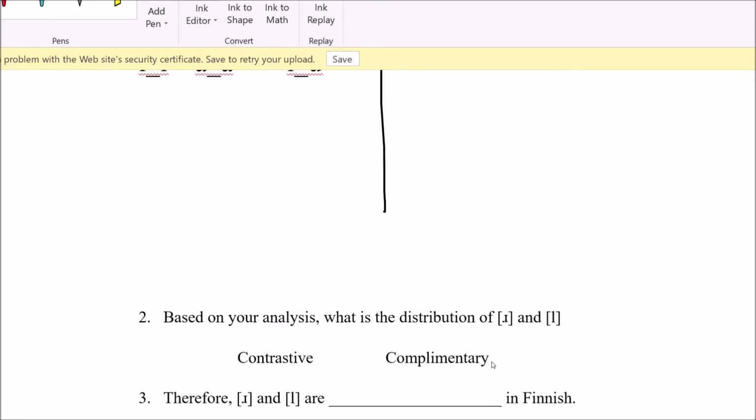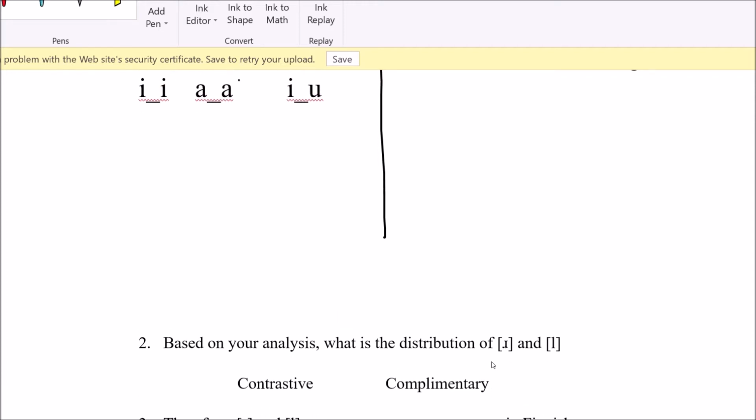For our problems, your choices are contrastive or complementary. So we would choose complementary. It never appears in the same environment in our data. So on your test, you would then circle complementary if you see no minimal pairs.